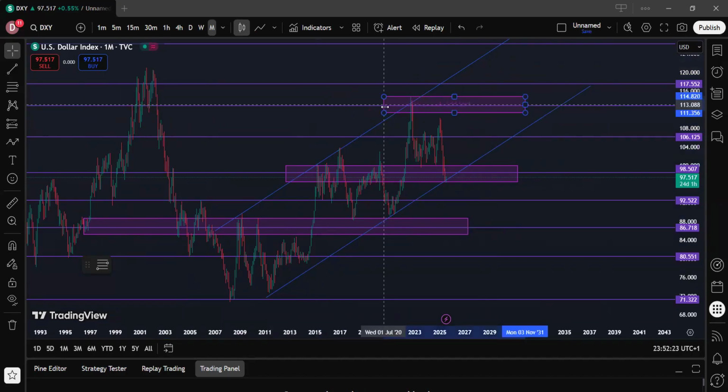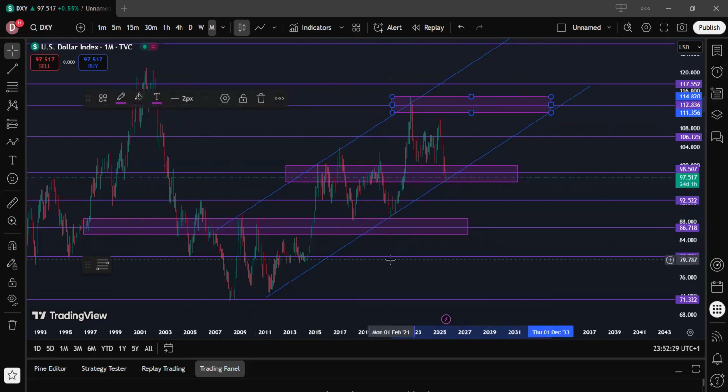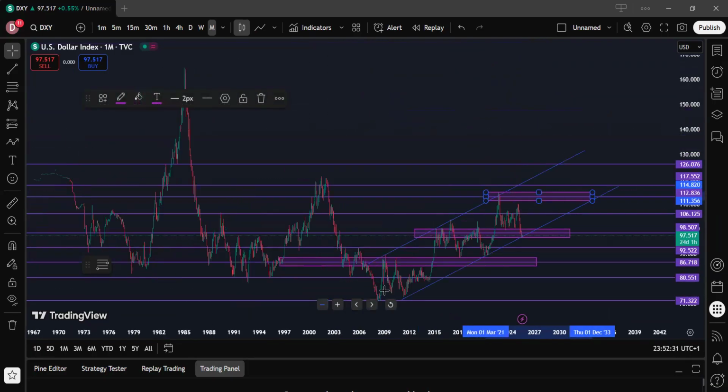This is the kind of structure that I'm looking forward to. Now you can see that there's a channel forming.